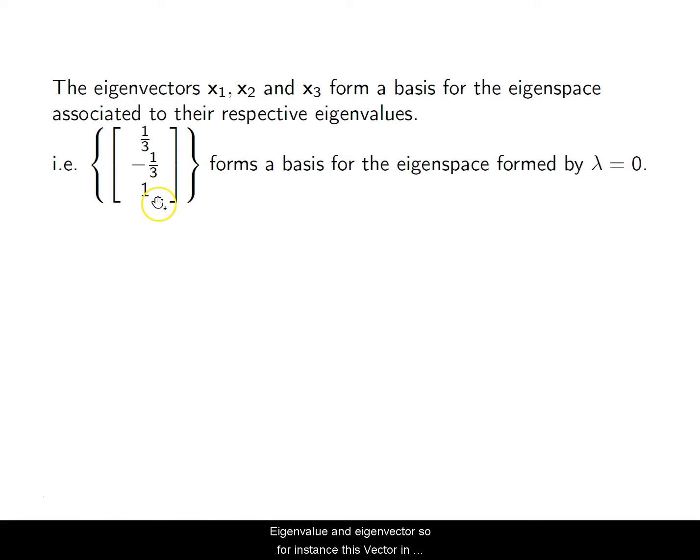So for instance, this vector and all constant multiples of this vector form a basis for the eigenspace formed by lambda equals 0. So this eigenvalue has an eigenspace that is formed by this eigenvector. It's not all three together, it is them being paired together to form the eigenspace for that lambda value. So again, 1/3, negative 1/3, 1, that was the eigenvector we got for this eigenvalue.